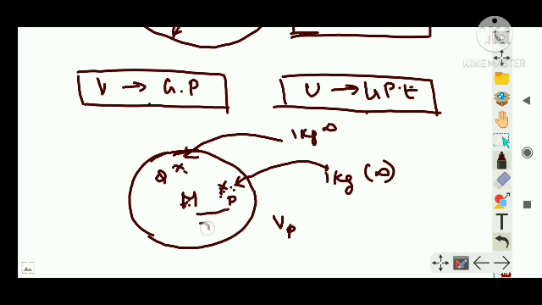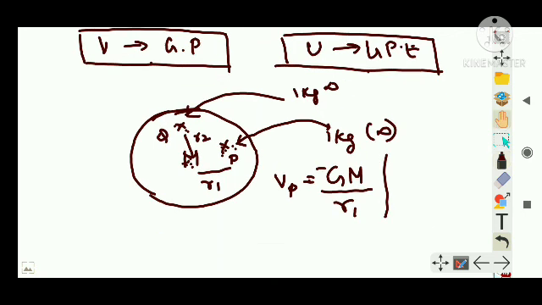Let's say the distance here is R1 and this distance is R2. So potential at P is minus GM divided by R1, because the potential is due to only this mass. Now, what is potential at Q?